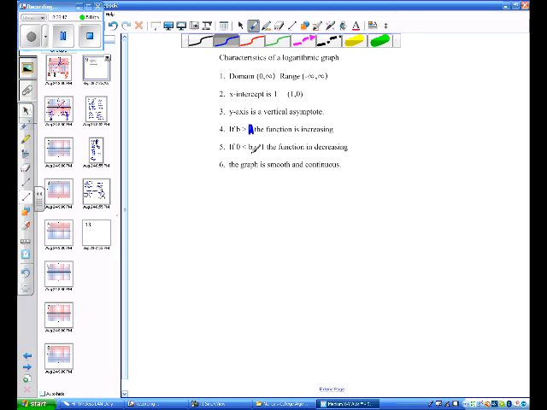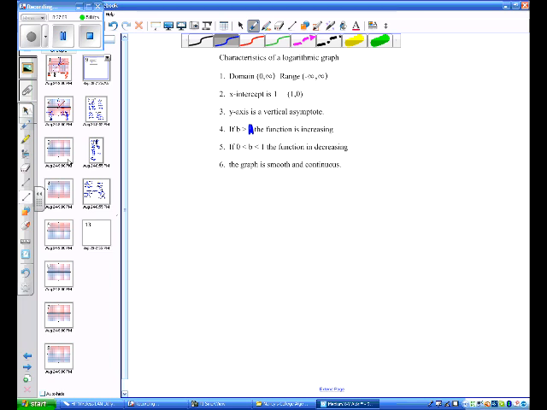If the base is between 0 and 1, the function is decreasing, and the graph will always be smooth and continuous. And you can deal with some of the transformations, just like we've dealt with before, of undoing what's with the x, we undo, and our y value.